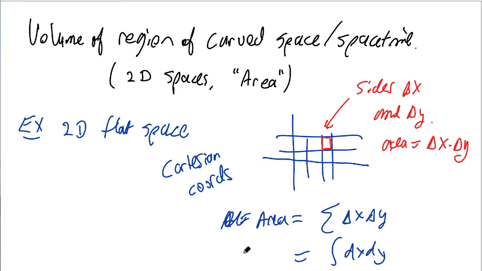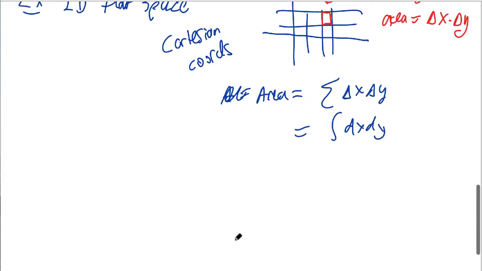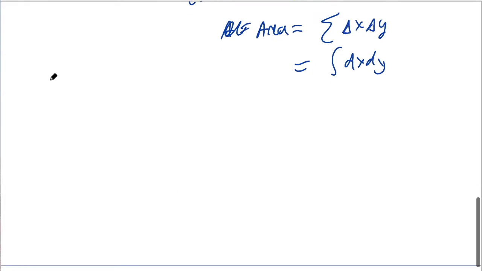So what do we do if the space is curved? Well, let me remind you of some things we know. Recall that in space-time, we can always construct Fermi normal coordinates about any geodesic.